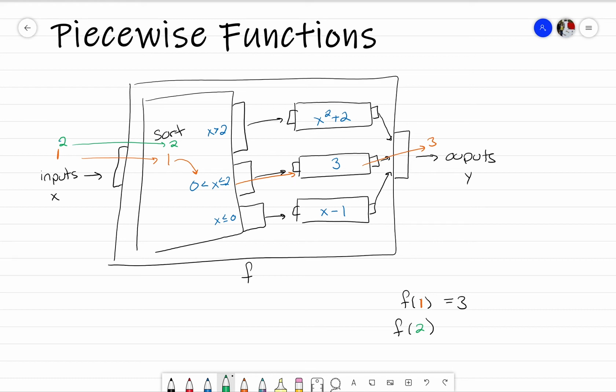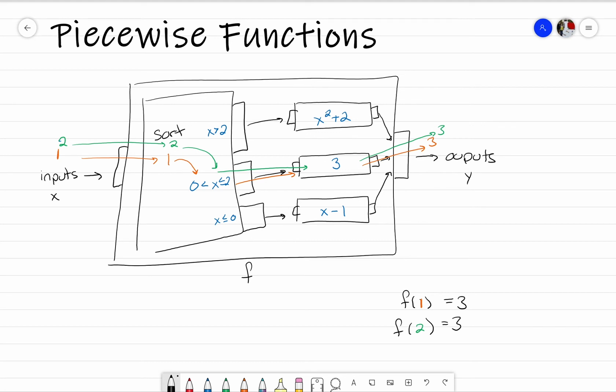Well, if I look at my top 2 bins, then the 2 is on the borderline. And so the question is, which bin actually includes 2? We can see that the middle one does, because the middle one includes the option of it equaling 2. So this one's also going to go to the middle bin, and it's going to go through the constant function 3, and so this one is also going to give us an output of 3.